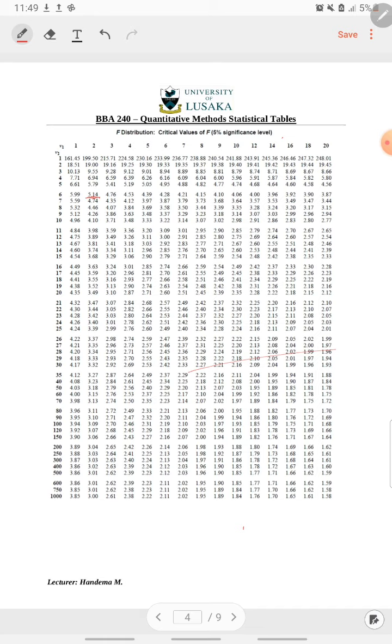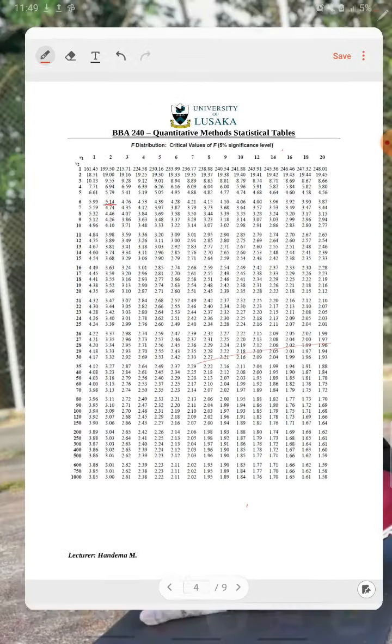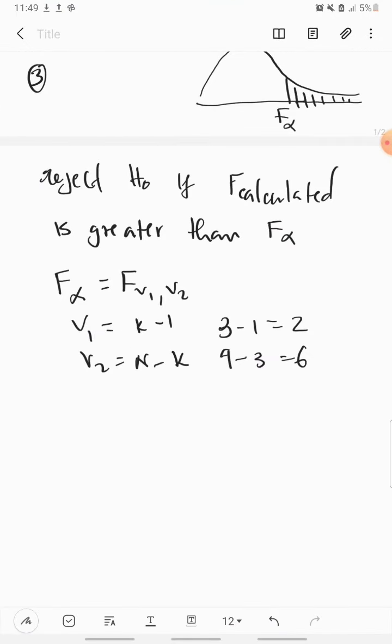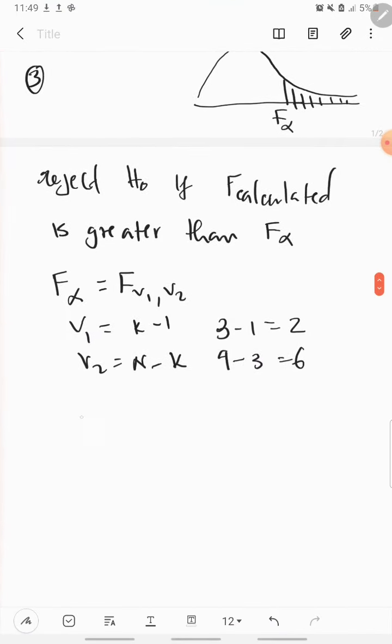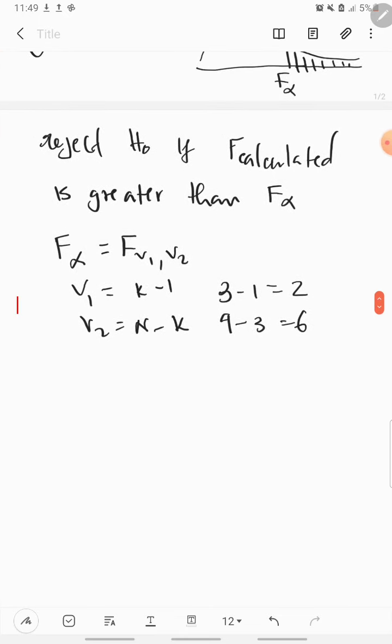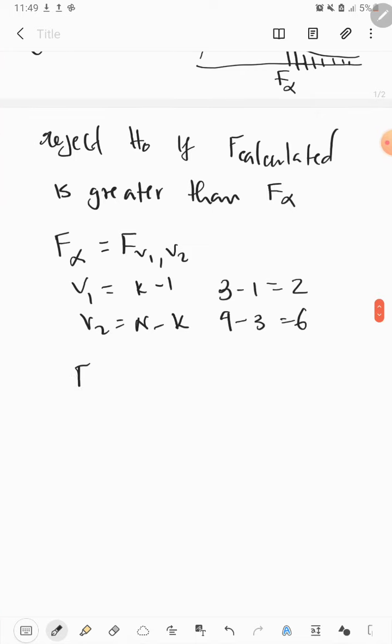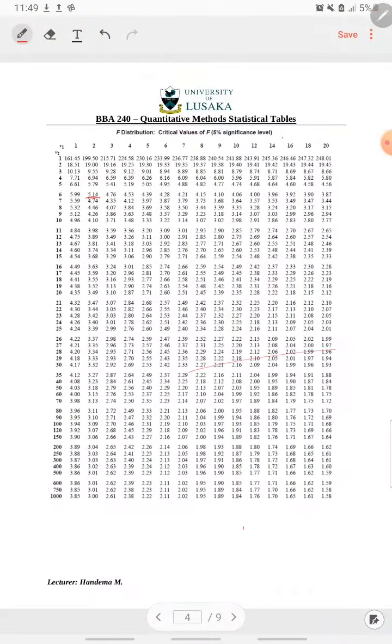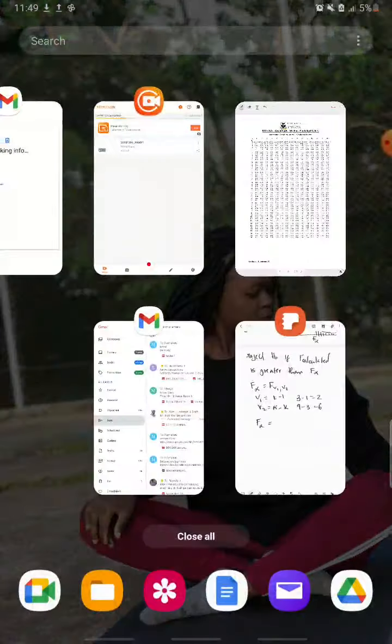So our value becomes 5.16. That is our F value. Sorry, I've forgotten that value again. It is 5.14.